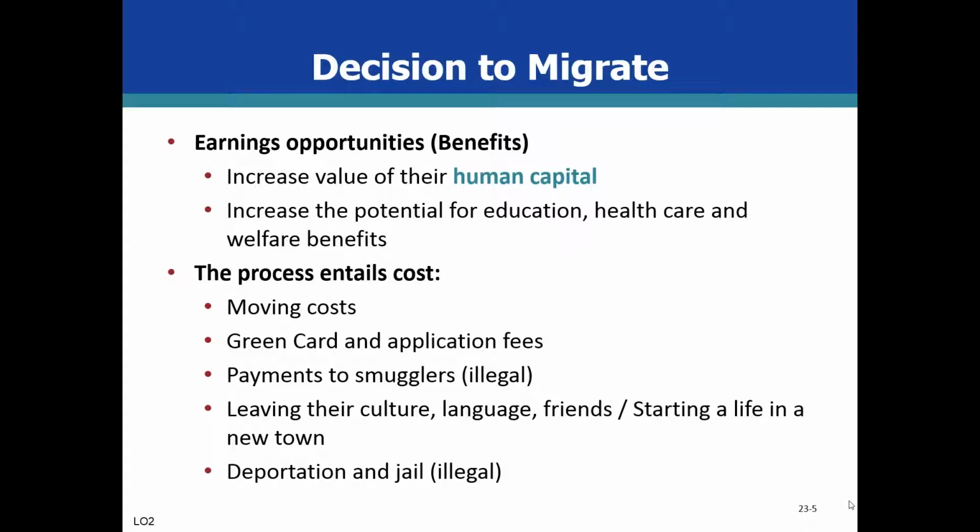So there's benefits, as you can see at the top, but there's also costs. And basically, in order to increase the value of their human capital, legal and illegal immigrants weigh both the benefits and the cost in their decision to migrate.